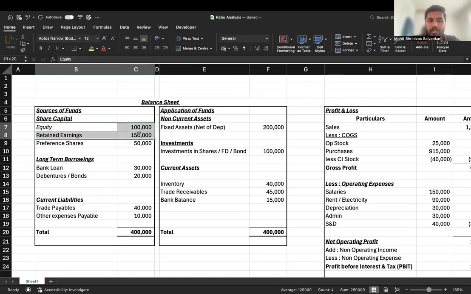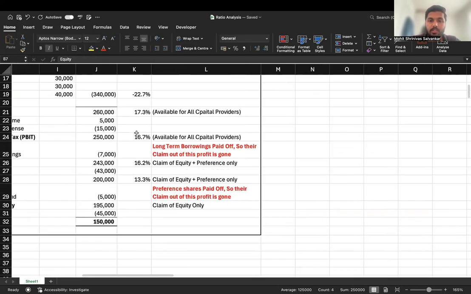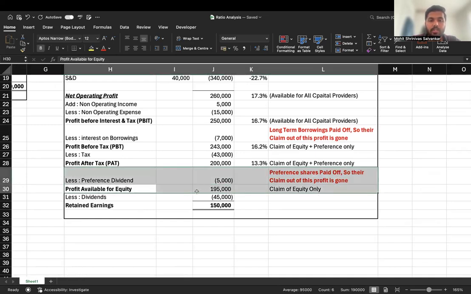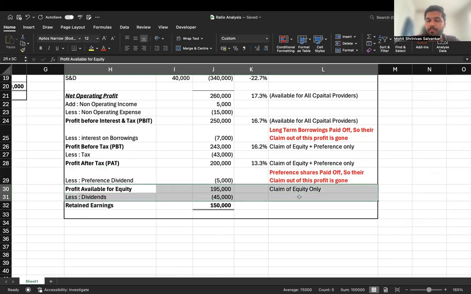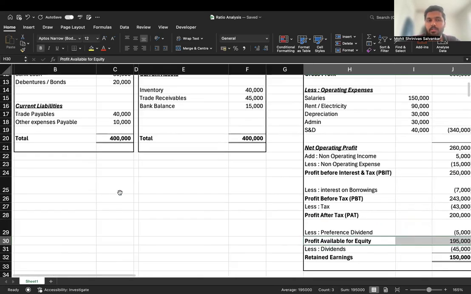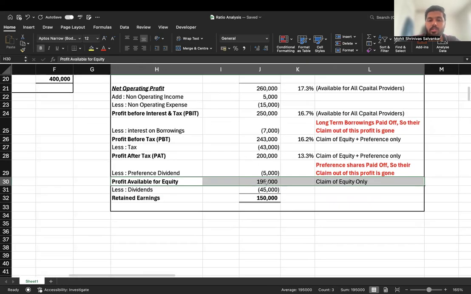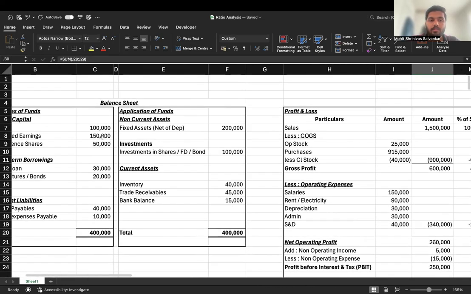So at which level of profit in the profit and loss statement does it belong only to these guys? This is at this stage. Once we pay off the preference dividend, what remains is entirely for the ordinary shareholders, right? So this is the profit earned out of this money.